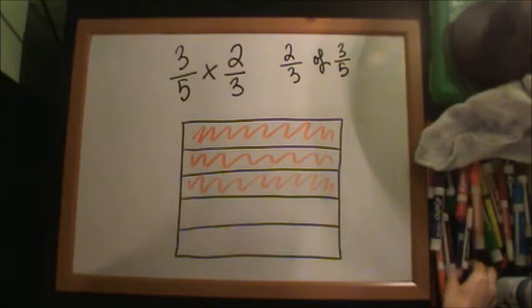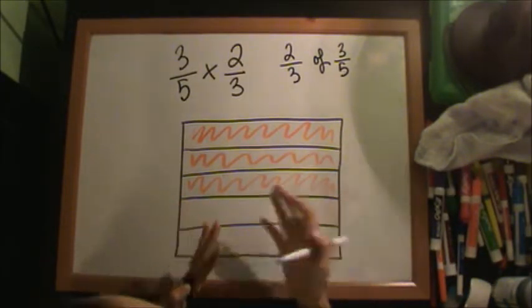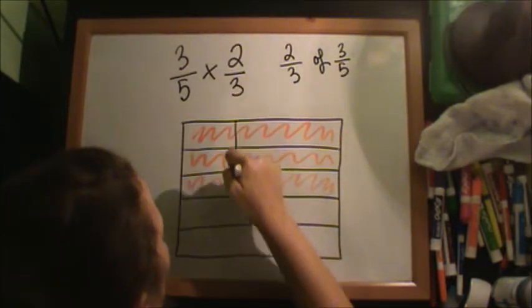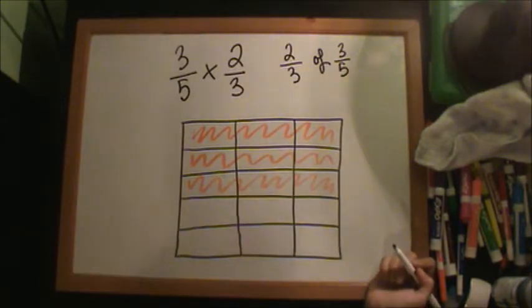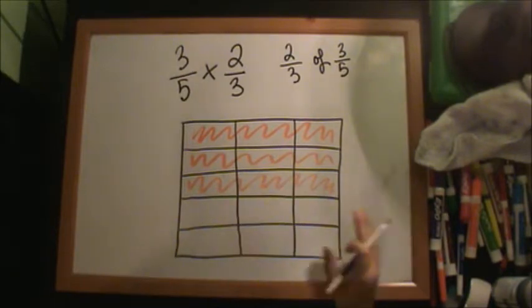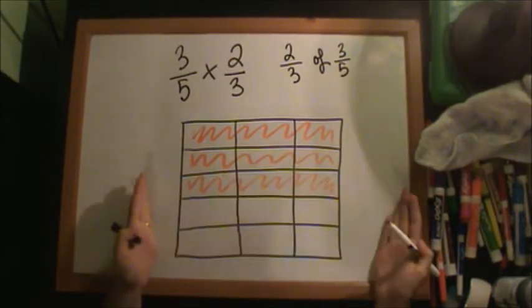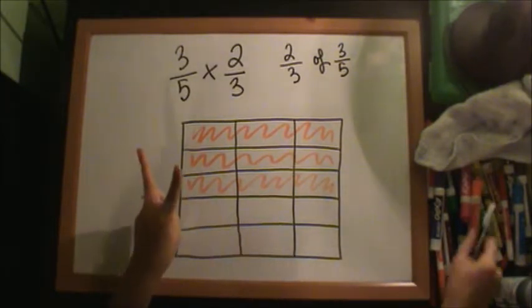Okay. So now we have 2/3 that we have to work with. So I'm going to divide this whole box into 3 pieces. I'm going to try my hardest. 1, 2, 3. Okay, so now this is in 3 supposed to be equal sections. And now I know that I need to color in 2 of them.